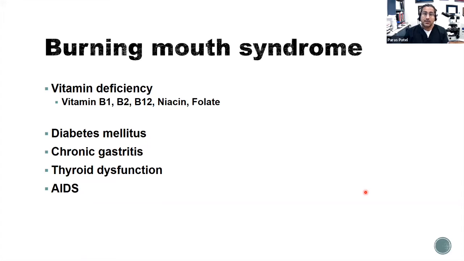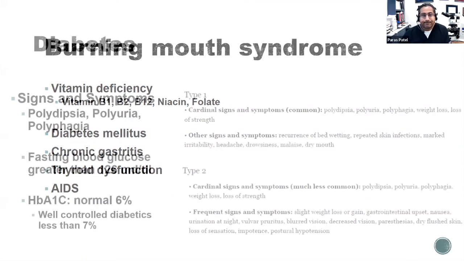Chronic gastritis in the setting of gastroesophageal reflux disease or peptic ulcer disease can cause this. Thyroid dysfunction, hyperthyroidism and hypothyroidism, have both been known to result in burning mouth. And AIDS is another one that can result in this sort of neuralgic presentation in patients who have truly an underlying systemic disease associated with it.